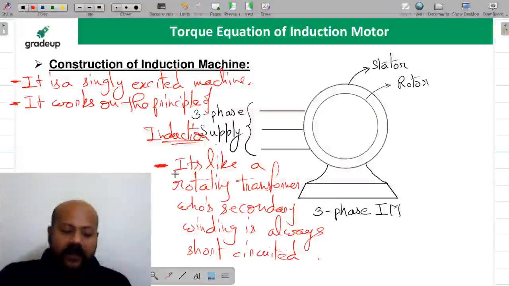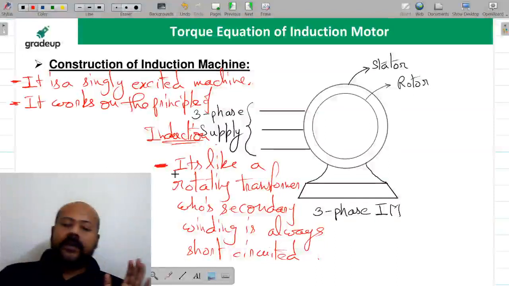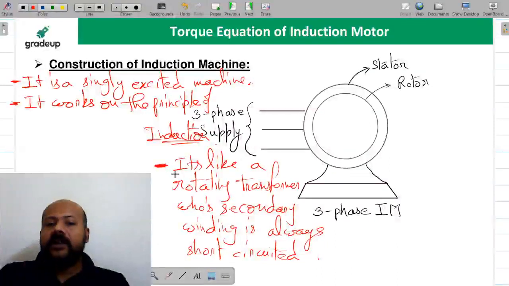I hope you are getting this information. Third point is very, very important. Your induction machine is like a rotating transformer.